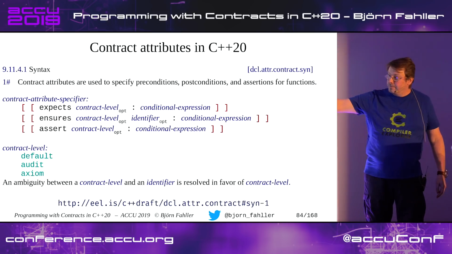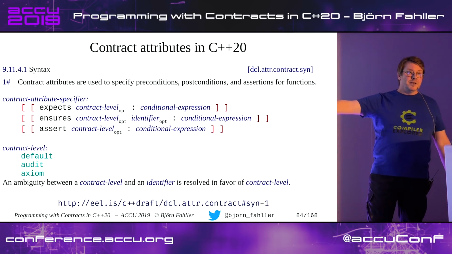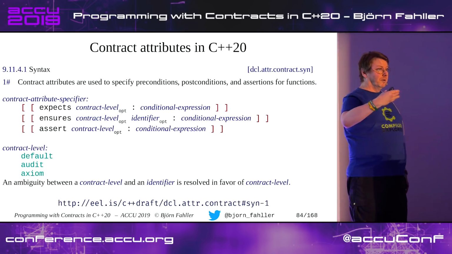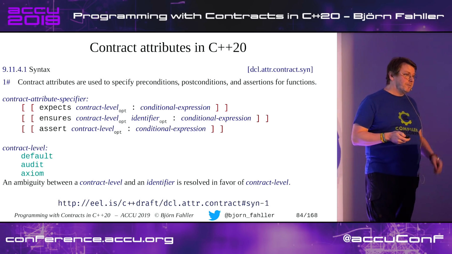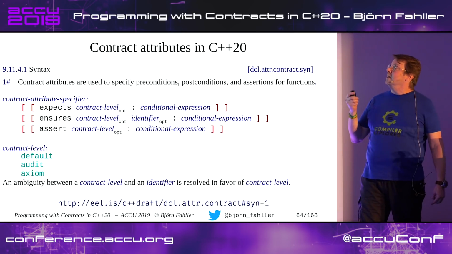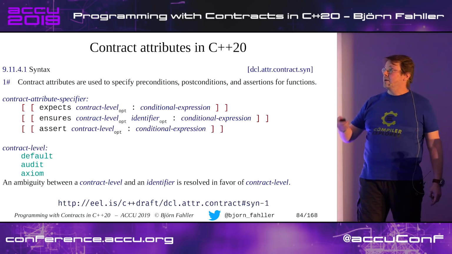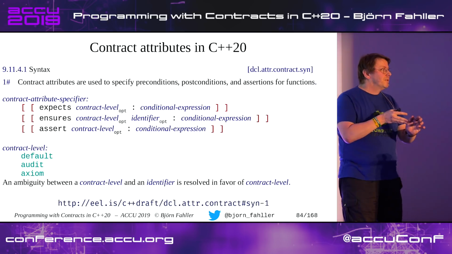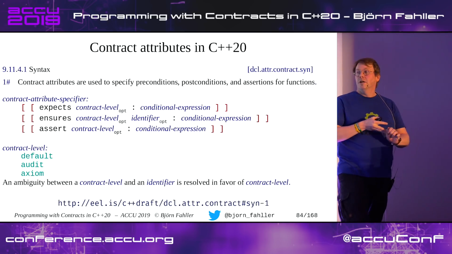So I'm deliberately using these so that you can look them up if you're interested. So contracts in C++20 are attributes, contract attributes. So their syntax differs a little bit from normal attributes, not substantially.